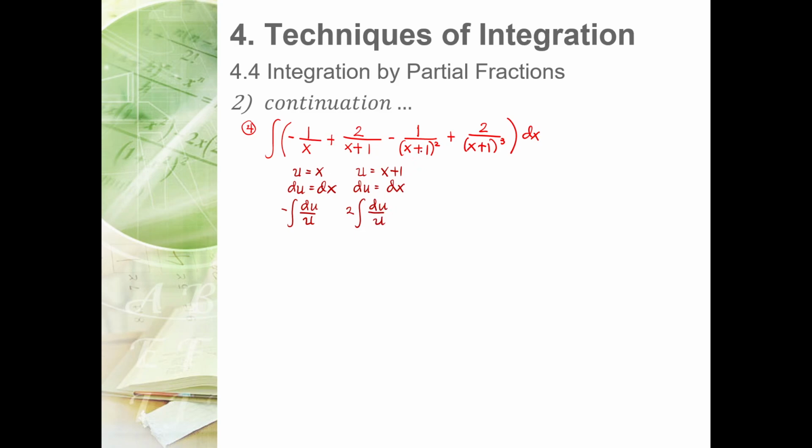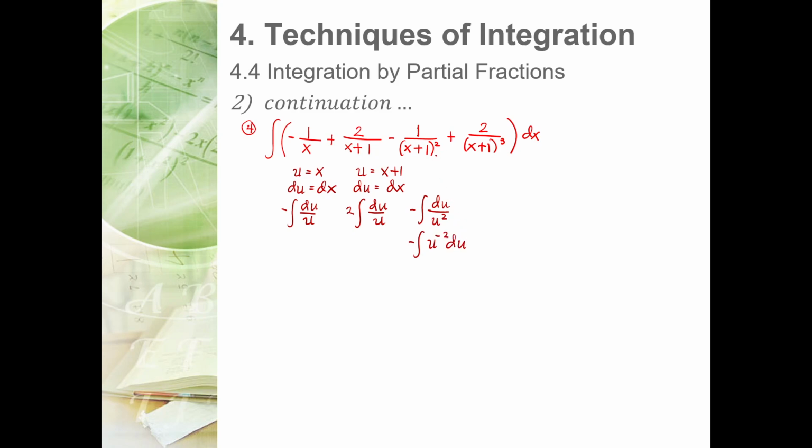Okay, so for the third and fourth term, since this one is raised to a power, squared and third degree, it's the same u sub technique, but the equation becomes negative integral of du all over u squared. Or if you want to express this in the numerator, this becomes negative u to the power of negative 2 du.